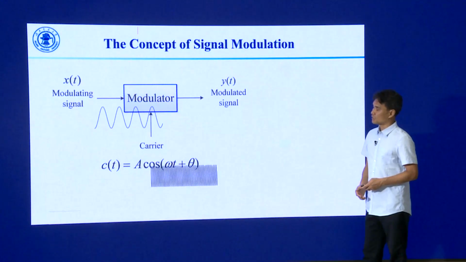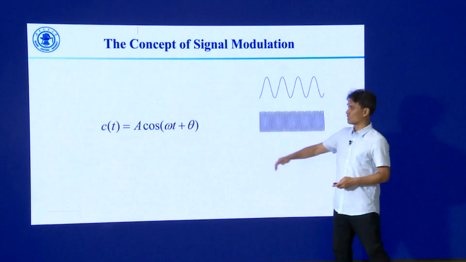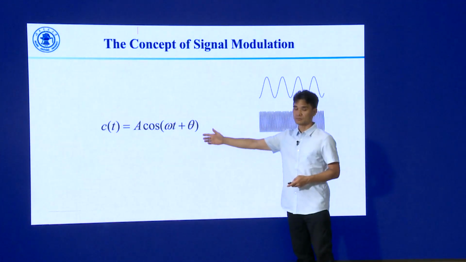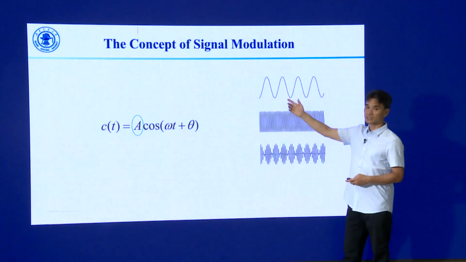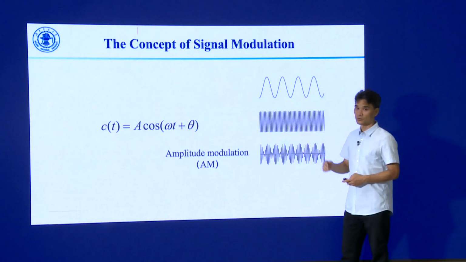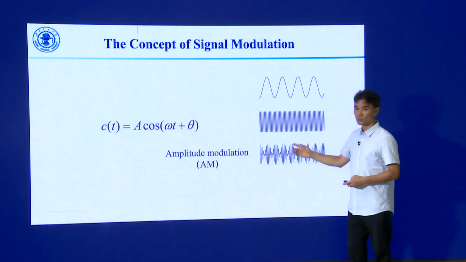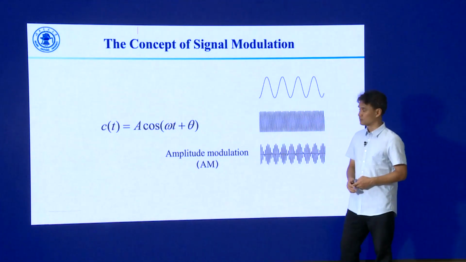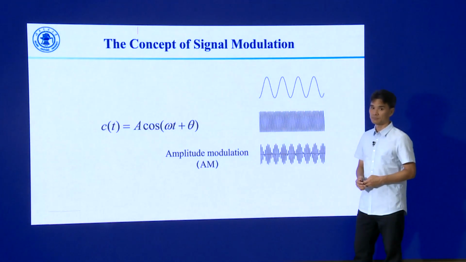Now let's try to do a comparison. Assume that we have a carrier described by this cosine function. If we use the modulating signal to modulate the carrier's amplitude, so the amplitude will change according to the modulating signal, we call this amplitude modulation.